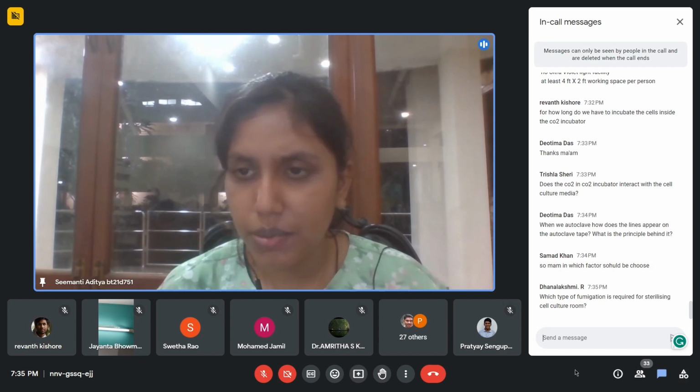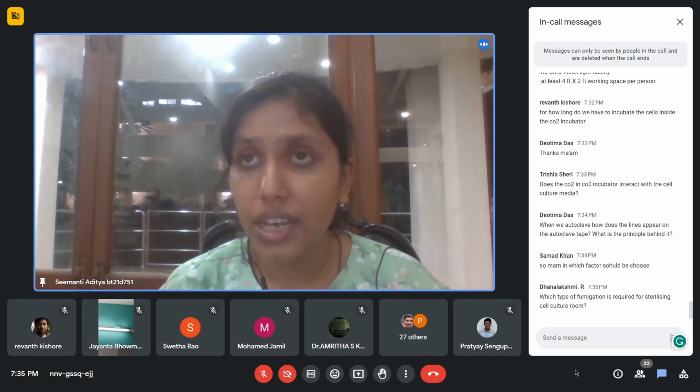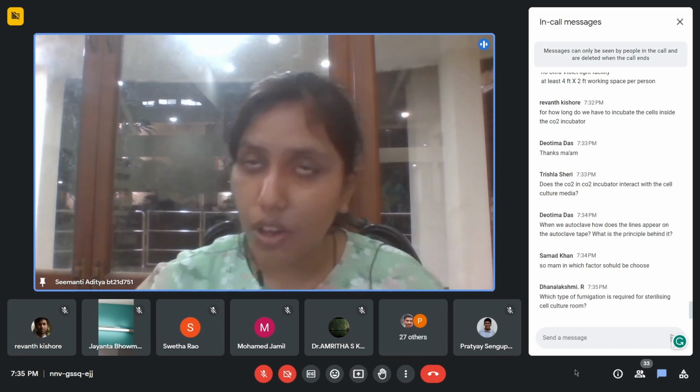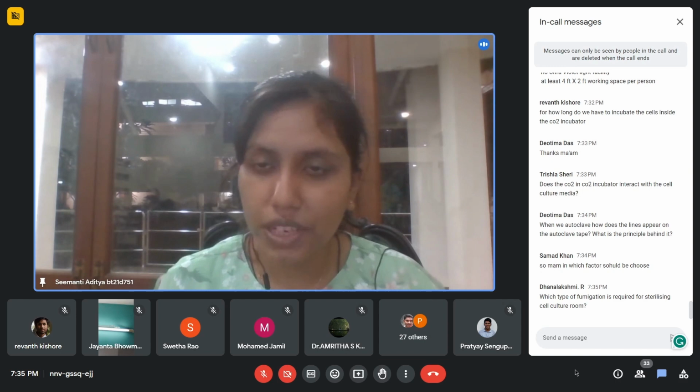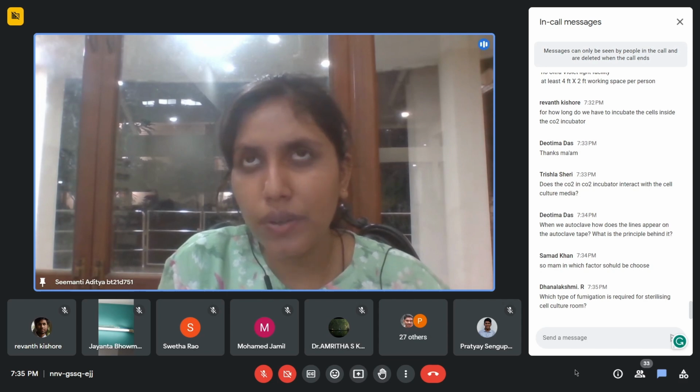Does the carbon dioxide interact with the cell culture? Yes, definitely. Carbon dioxide in the incubator does not interact with the media directly, but carbon dioxide along with the water that is present in the incubator helps in maintaining the carbon dioxide buffer system. Water has H2O, no? So the H2O will give H plus and OH minus.